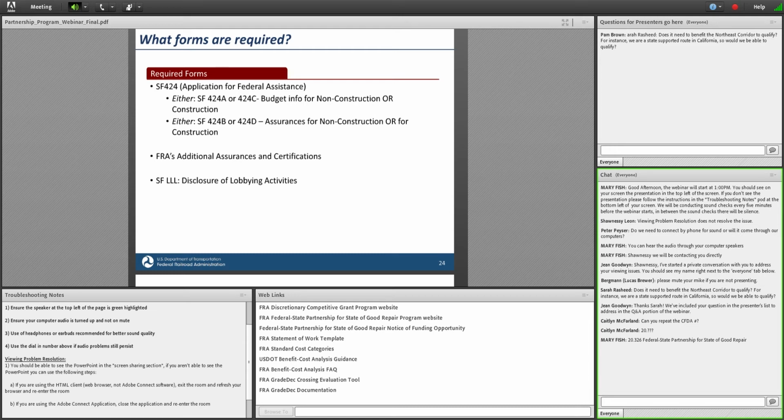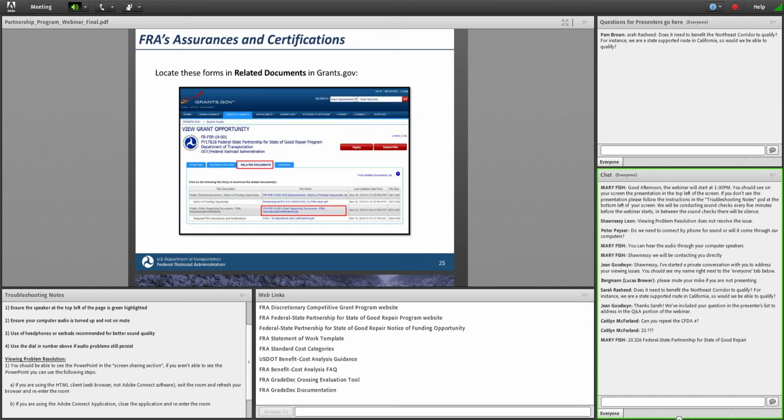If it's a non-construction project, that would be, in this case, maybe if you're procuring equipment, then you would fill out the SF424A or SF424B. Note that if you have a combination, you don't have to fill out all four. If it includes construction at all, do fill out the forms for construction. You'll also need to include FRA's additional assurances and certifications form and the disclosure of lobbying activities form.